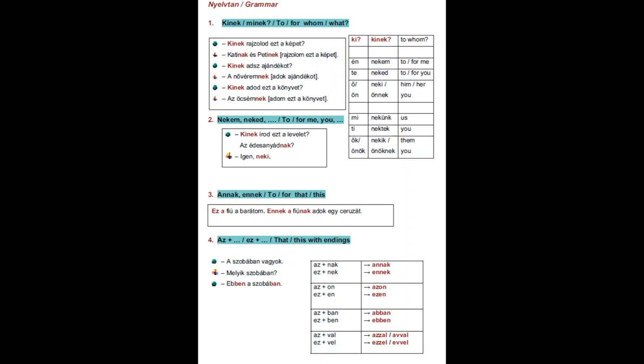They, them over there, they need it. Ők nekik van. It is to or for them. Ők nekik adom az ajándékot. I'm giving the present to them.